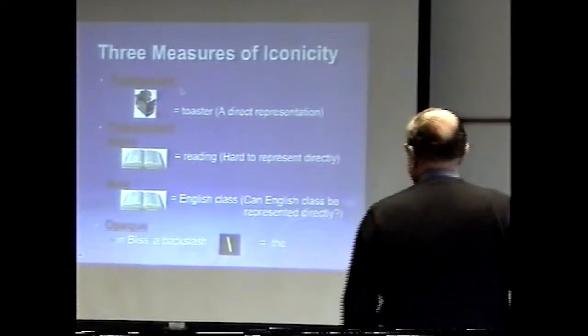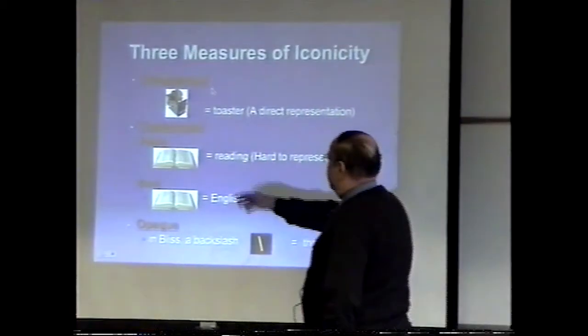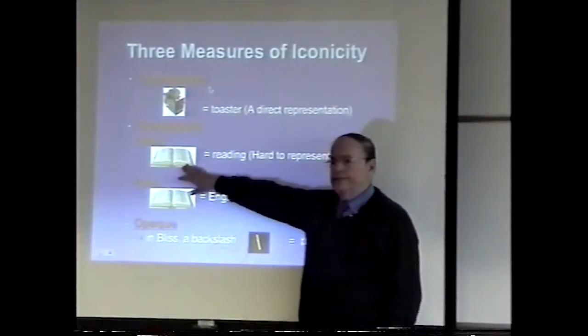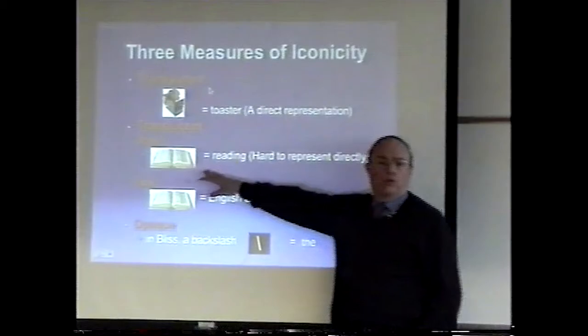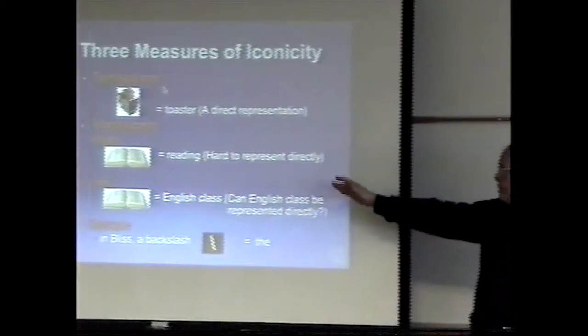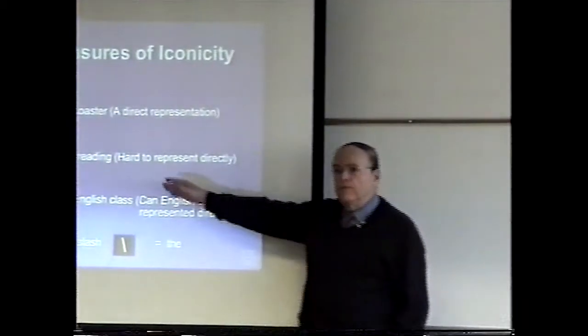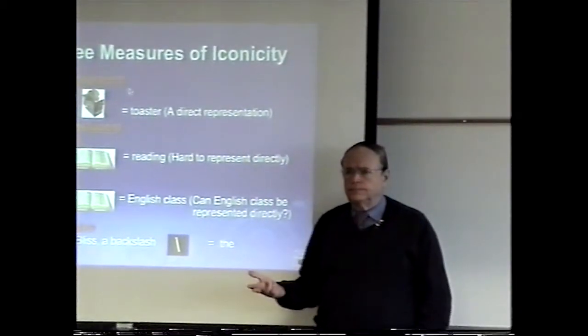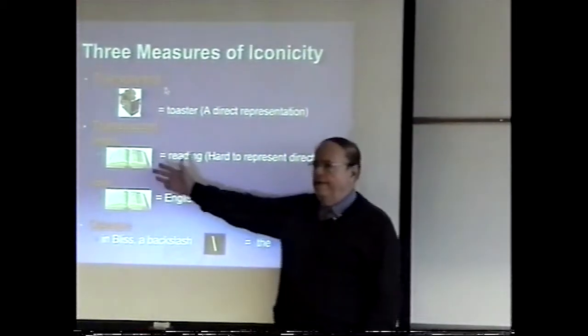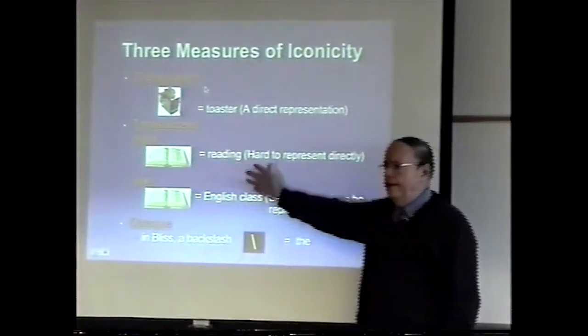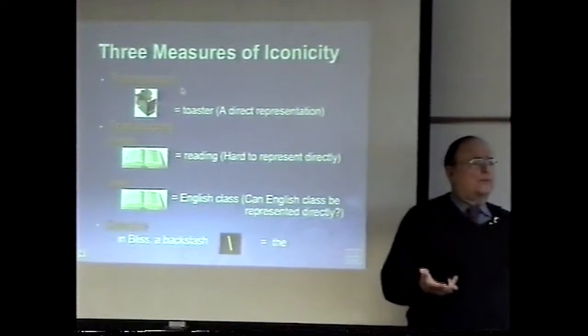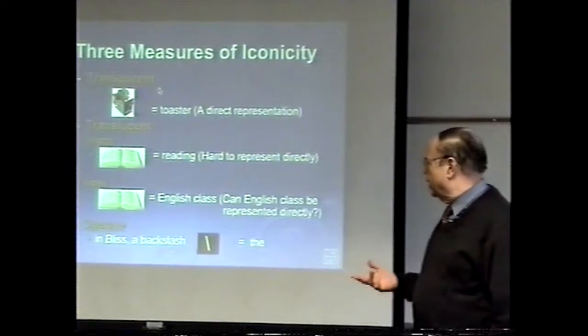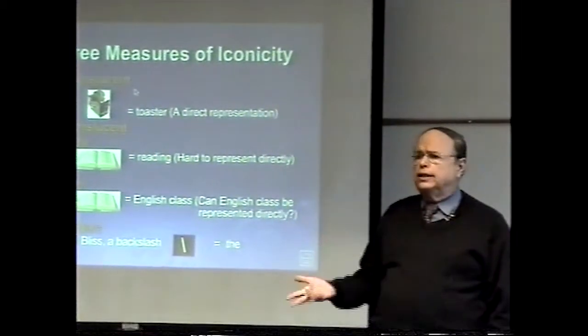Now, this picture of an open book would be a fairly good symbol on your board for reading. Reading itself is fairly hard to represent, isn't it? But this book conveys the idea of reading. But suppose you had to represent the noun phrase English class.